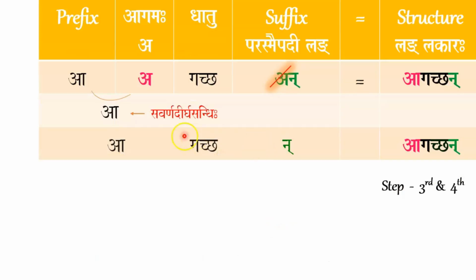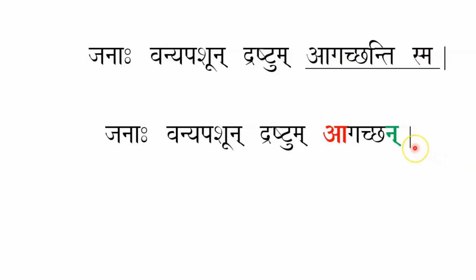Here, after the prefix a, the letter a has come. That's why here Savarna Dirgha Sandhi occurs. And then all words are brought together, which becomes Agachan. So our sentence would be Janaha Vanyapashun Drashtum agachan.